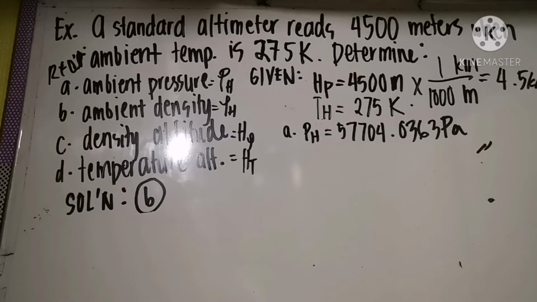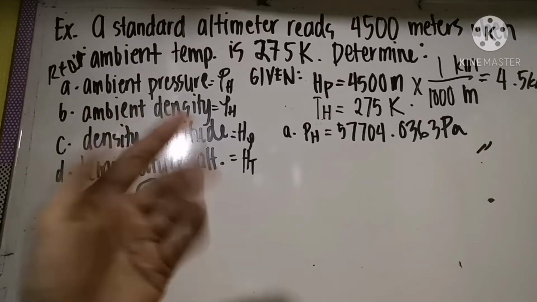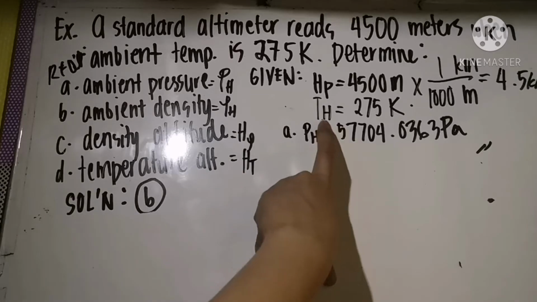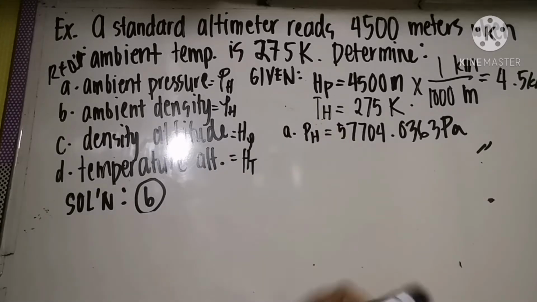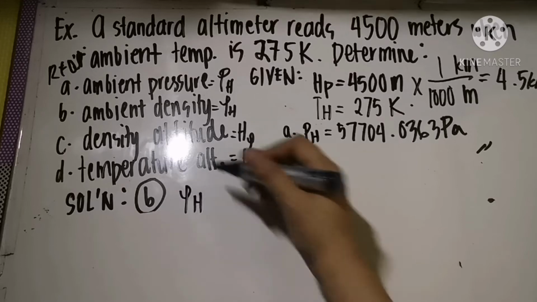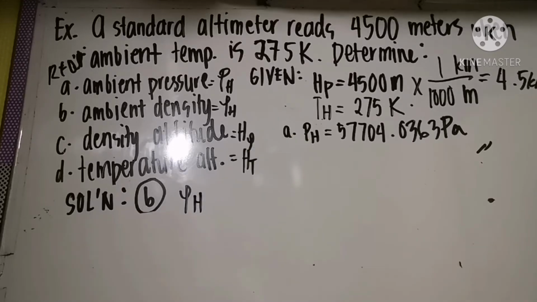Kailangan mo mahanap yung ambient density at that condition. So we have the pressure, we have the temperature. What we will now look for is your density at that condition. And what will be the formula?